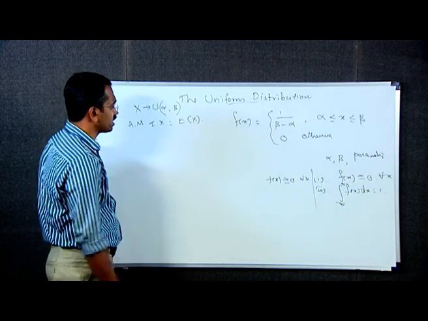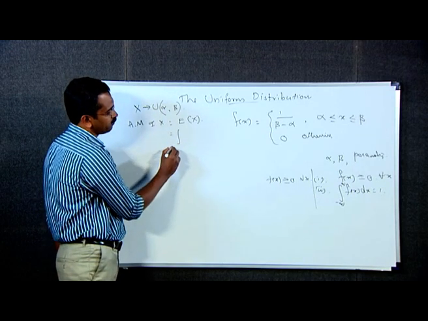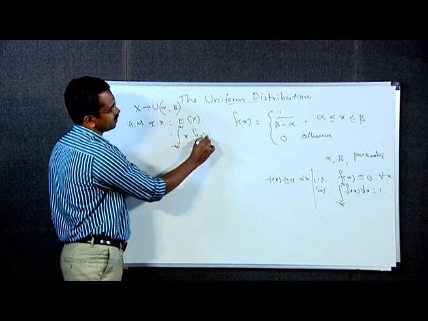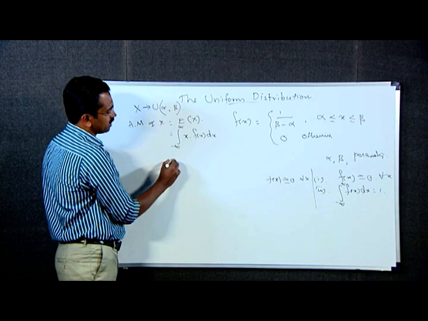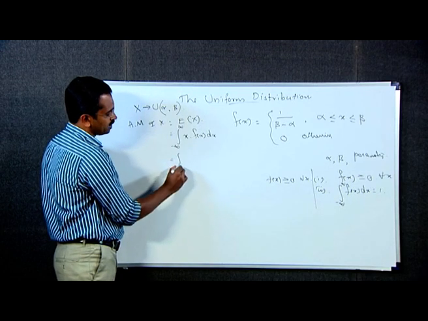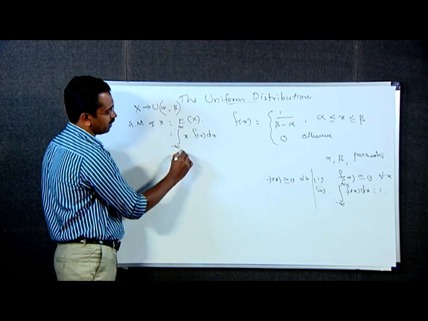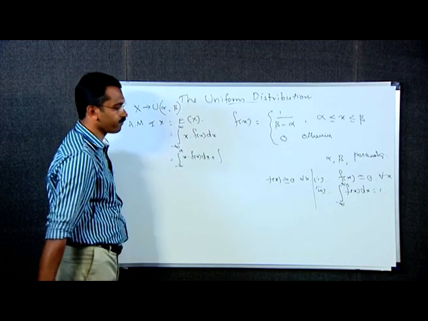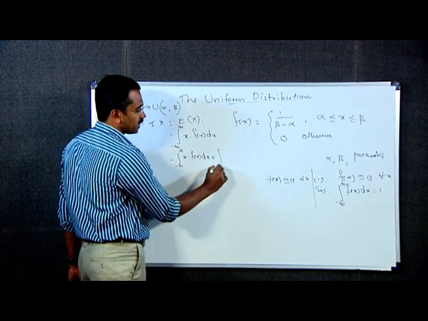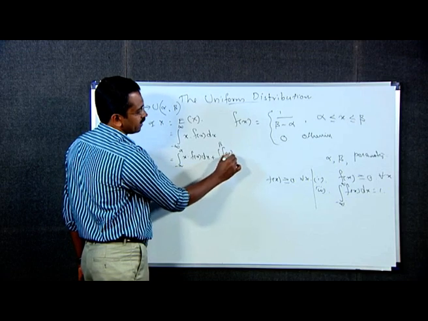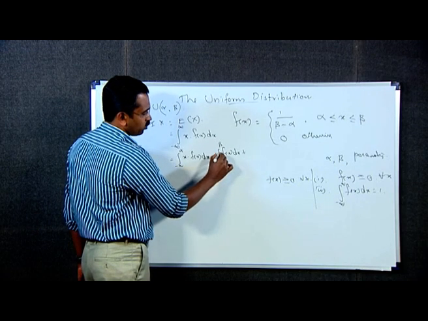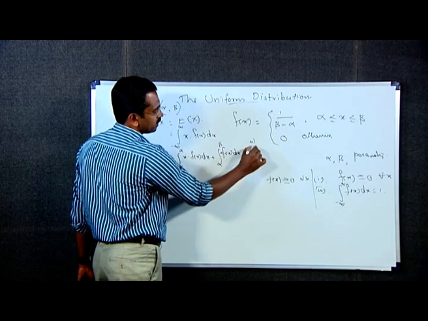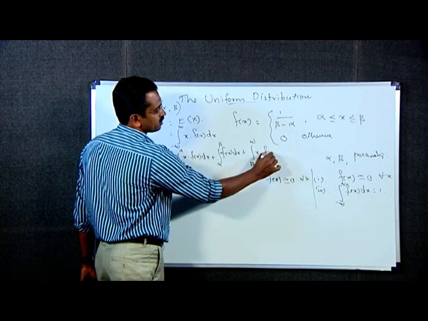By the definition of expectation, it is integral from minus infinity to infinity x into f of x dx. That is equal to integral from minus infinity to alpha x into f of x dx plus integral from alpha to beta x into f of x dx plus integral from beta to infinity x into f of x dx.